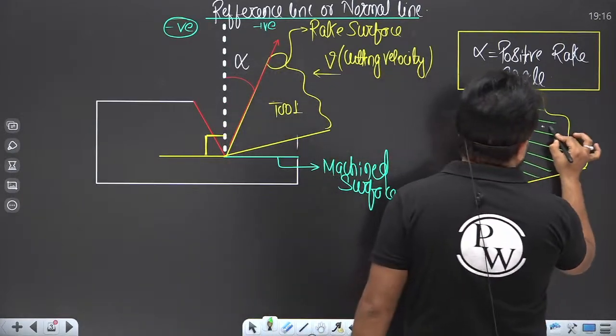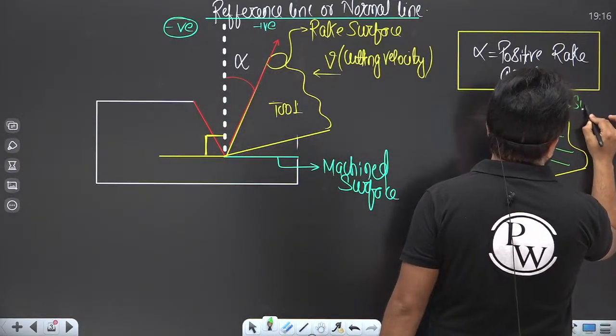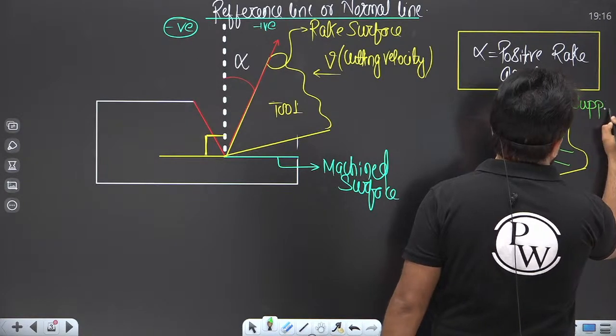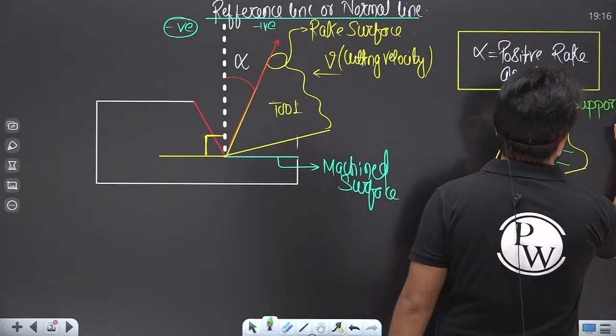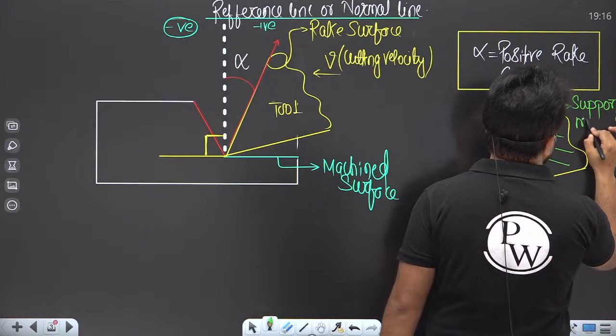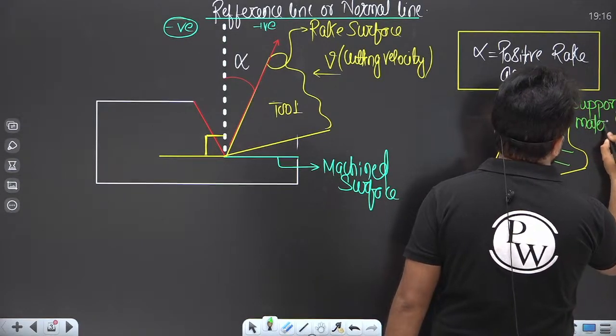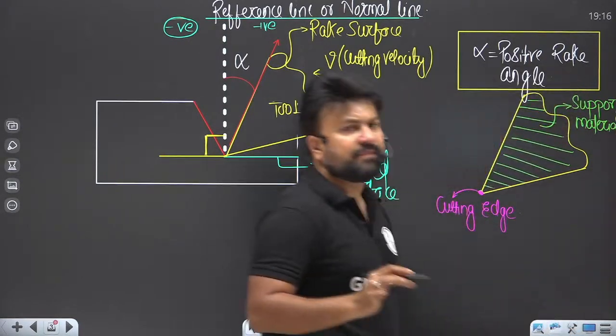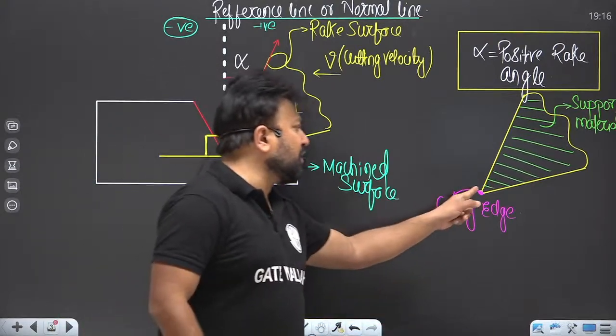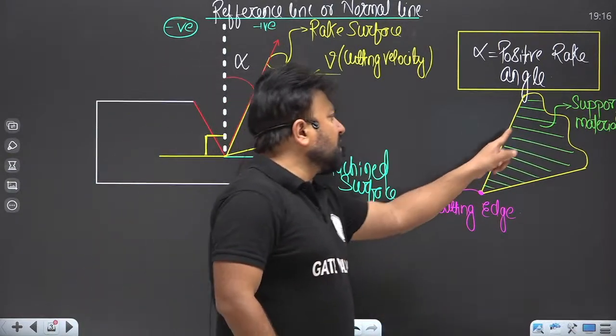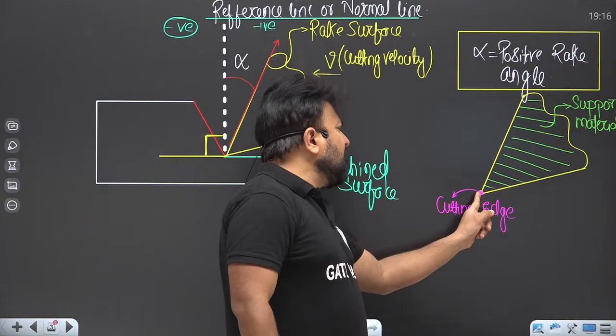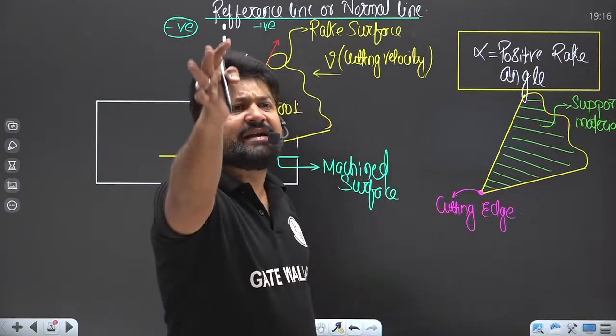That's why we call this supporting material. Supporting material to whom? Supporting material to the cutting edge, because that material lies behind the cutting edge.